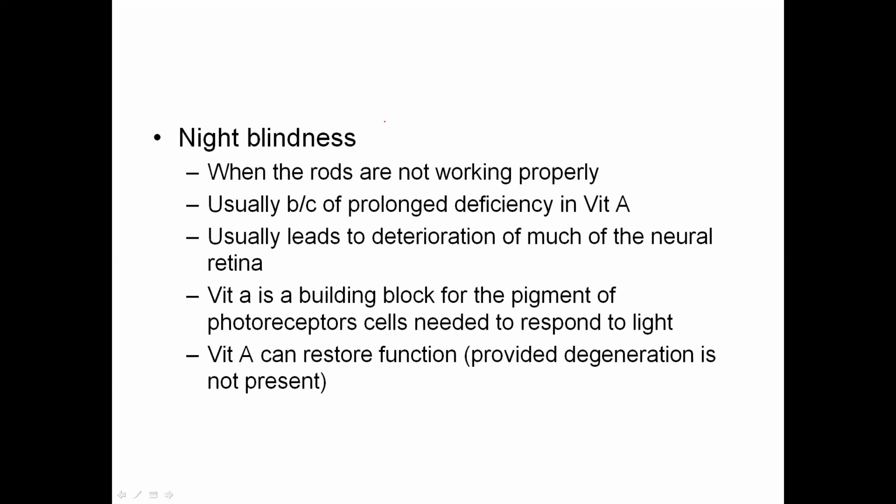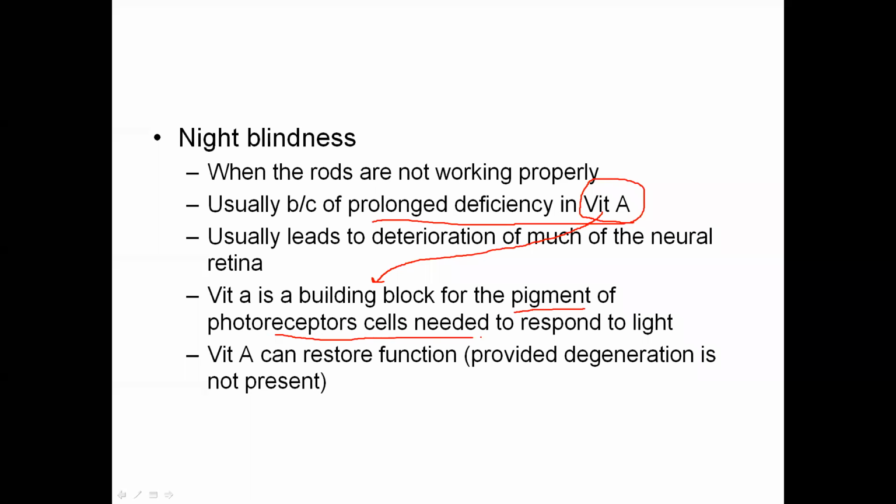Night blindness occurs when a person has a prolonged deficiency of vitamin A. Vitamin A is the building block for the pigment of the photoreceptors in the cells needed to respond to light.